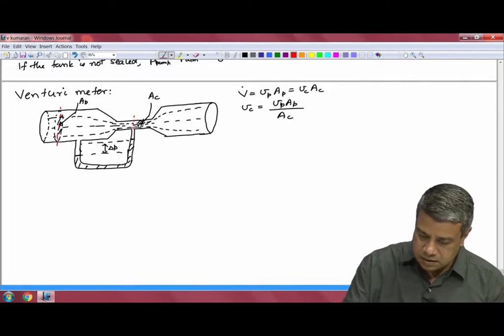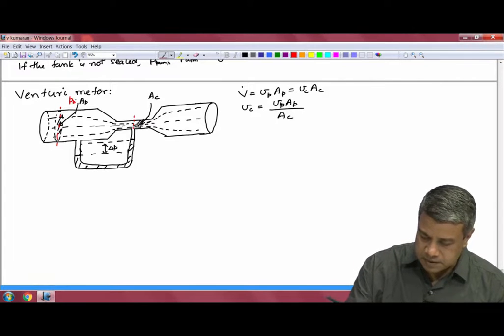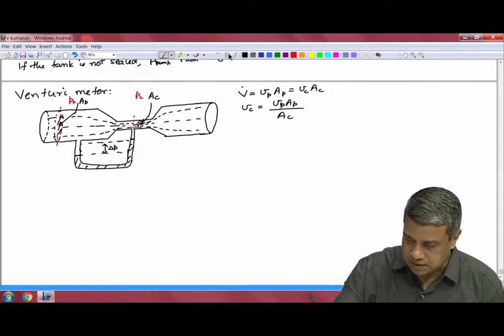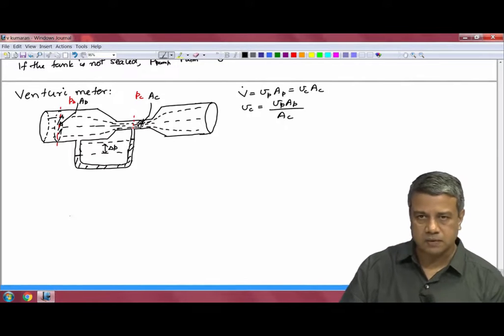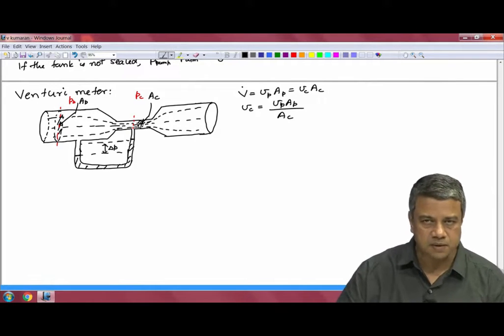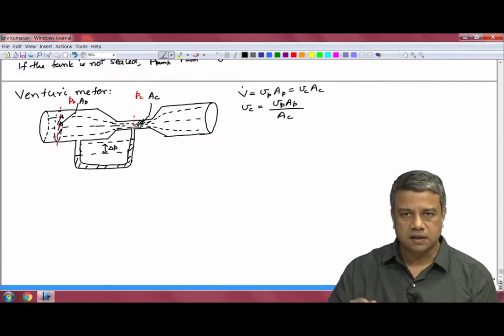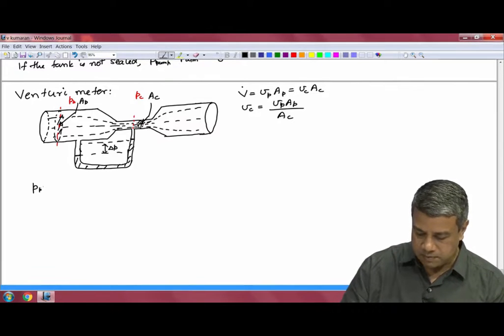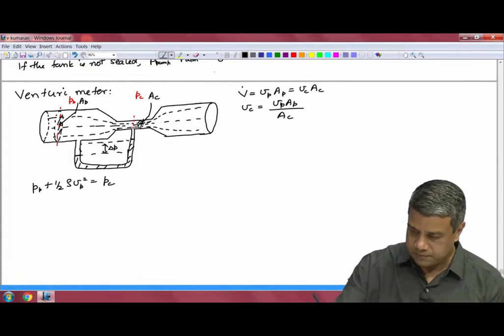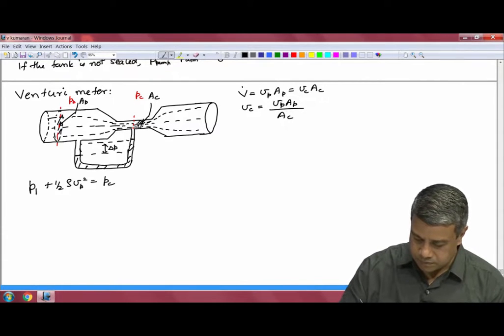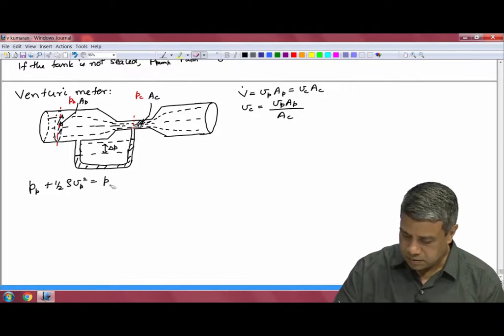So, the pressure in the pipe is Pp say, and Pc is the pressure in the contraction. Then from the Bernoulli equation, if I assume there is no height change between the pipe and the contraction, that is that this is horizontal, then P pipe plus half rho V pipe square is equal to P contraction plus half rho V contraction square.